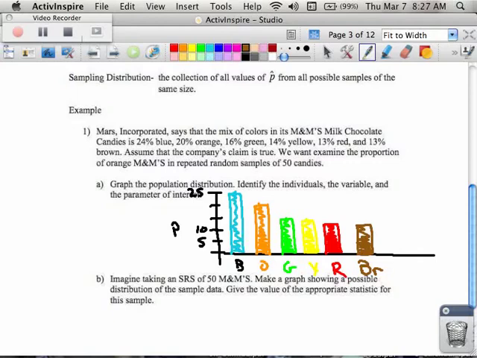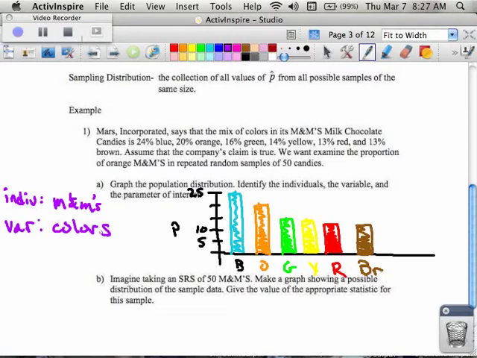Okay, so off to the side here, the individuals in this case are the M&M milk chocolate candies. I'm just going to call them the M&Ms. The second thing I wanted was the variable, and that was the colors.